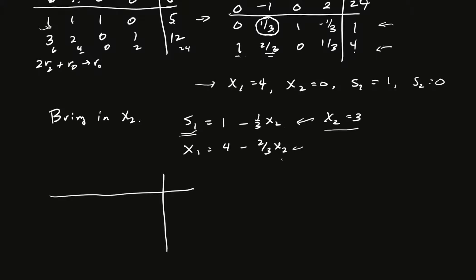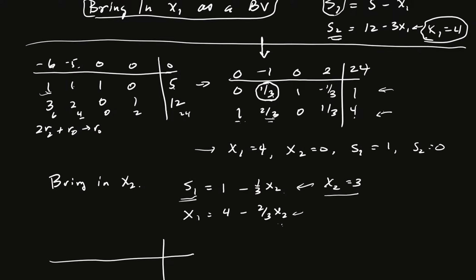By the way, before I get too far into this, let's just review what this computation is that I'm making. This is going to be called the ratio test, which is different than the ratio test that you're familiar with from calculus. This ratio test is saying that we're going to take this value and divide it by this value to see what number we get. In this case, we have 1/(1/3), which is 3, right? That's where this 3 came from.